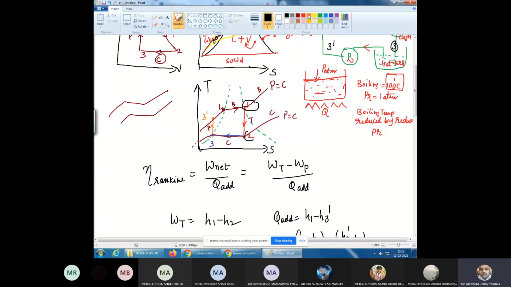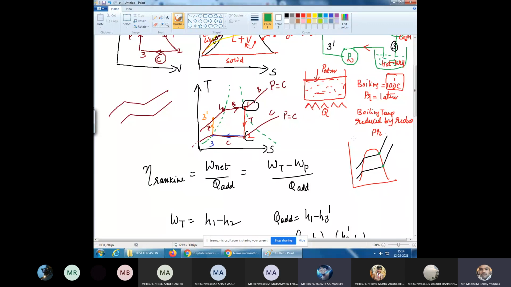Okay, and I want to say something here in the TS diagram. What is this line? Can anyone say? What, these black lines? Constant pressure lines. Now, if the point is here, I can call it saturated vapor.